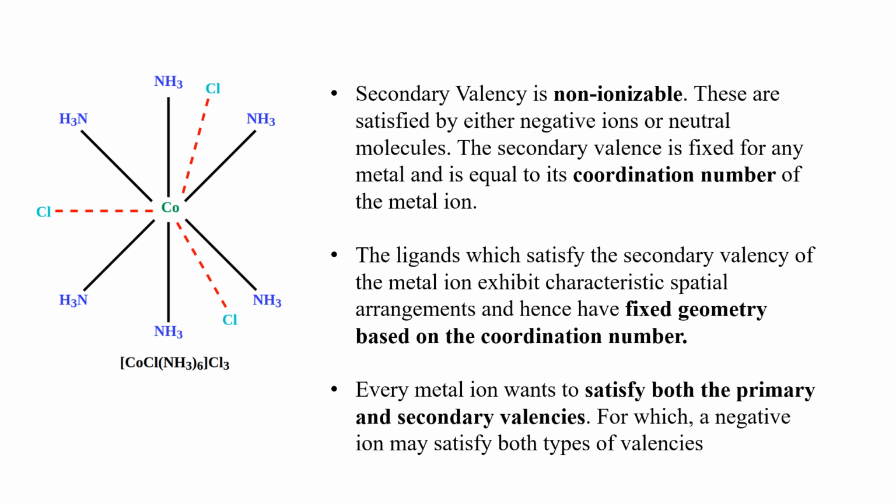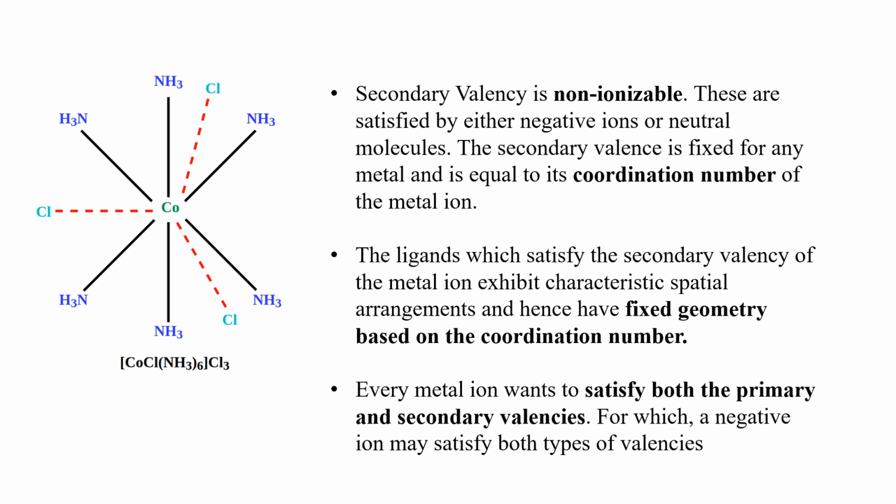So it's very simple. I'm explaining it once again. The central metal atom and ligands are there in the coordination complex. The central metal atom or ion always has two types of valencies. One is called primary valency and the other is called secondary valency. The primary valency denotes the oxidation state of the central metal atom and it is ionizable, whereas the secondary valency denotes the coordination number of the central metal ion and it is non-ionizable.